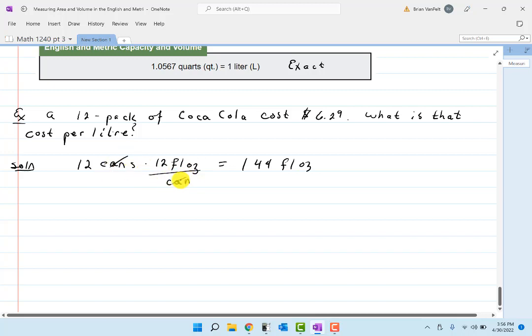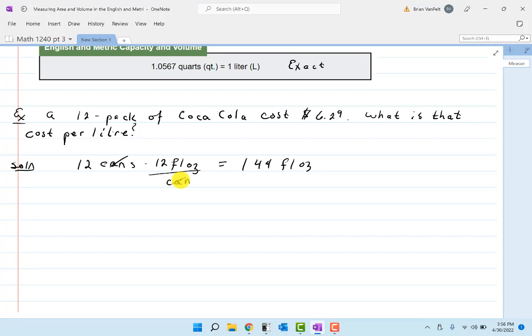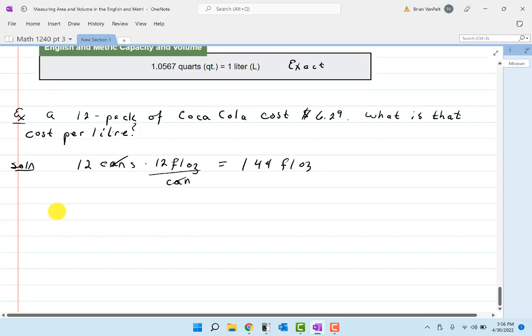And so there's our volume, 144 fluid ounces. And according to what I just wrote, our price works this way: we have $6.29 per 144 fluid ounces. What I ultimately want to end up with when I'm all said and done would be dollars per 1 liter. That's where I want to get to.